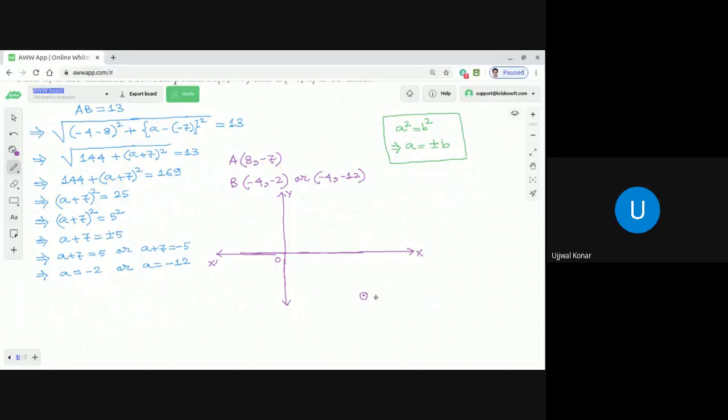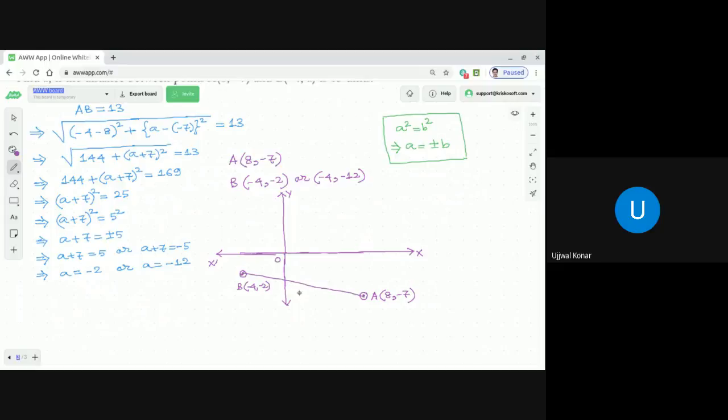So that is the point A, 8 comma minus 7. And what is the point B, dear students? Minus 4 comma minus 2. That means you come 4 units in the negative direction, then minus 2. It could be somewhere here. That is the point B. So this distance is 13 units.